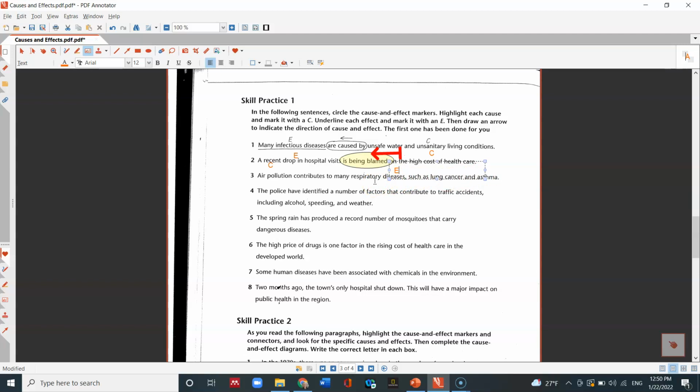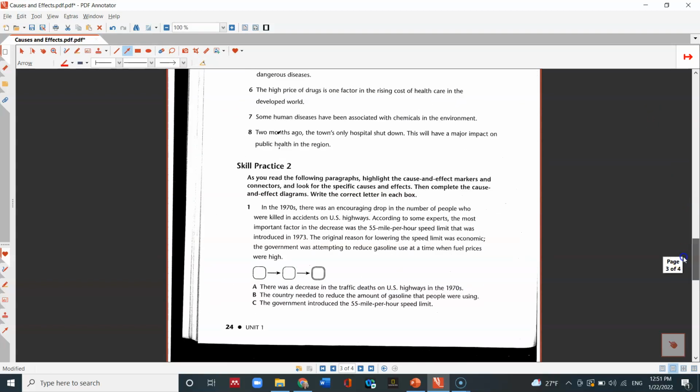They are all effects, okay? But some of them are general effects, some of them are specific effects. In this case, we have another verb that shows the connection, contributes to. In this case, we have to draw our arrow going the other way because we see that air pollution is causing this point.